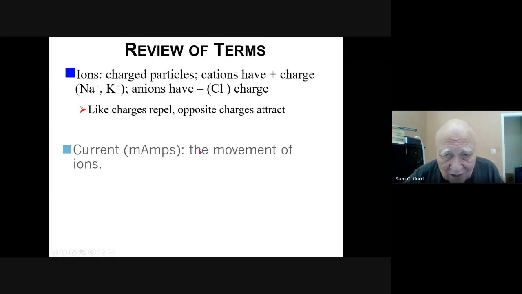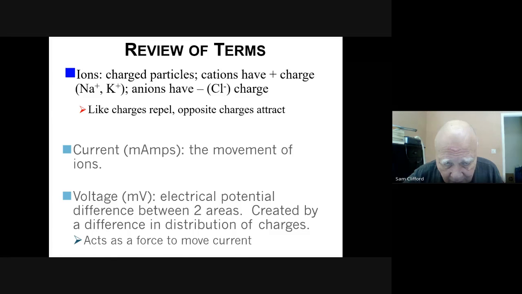Current is the movement of ions. The voltage is the difference created by more potassium on the inside of the cell, along with negative proteins and other substances, and sodium on the outside of the cell. So the cell separates charge, and that creates a voltage.